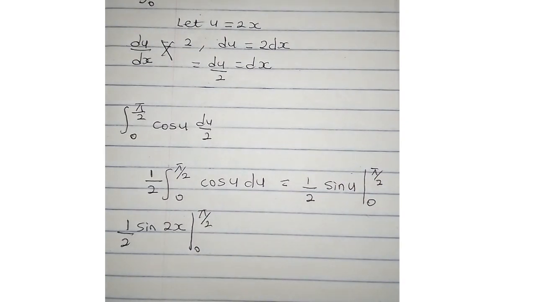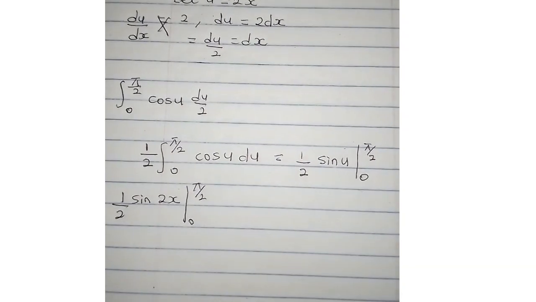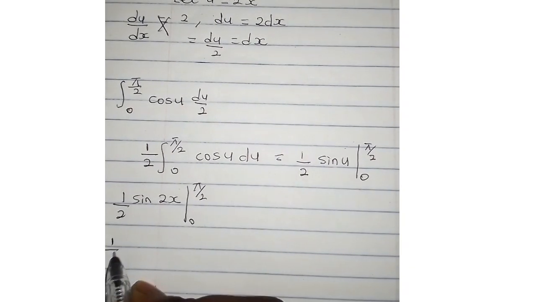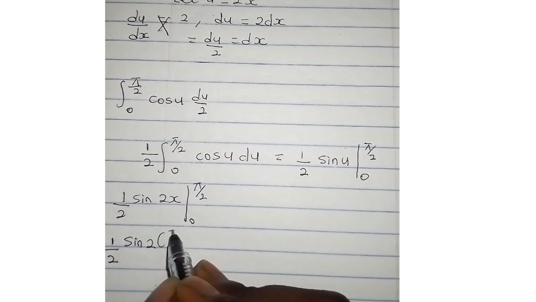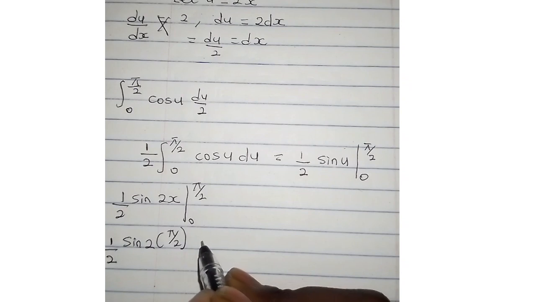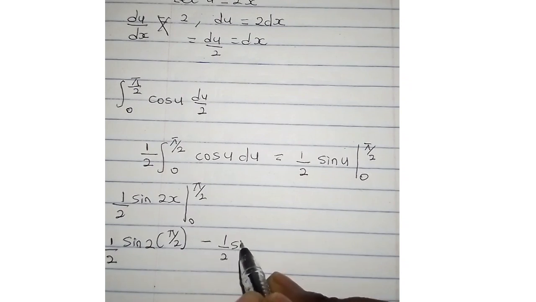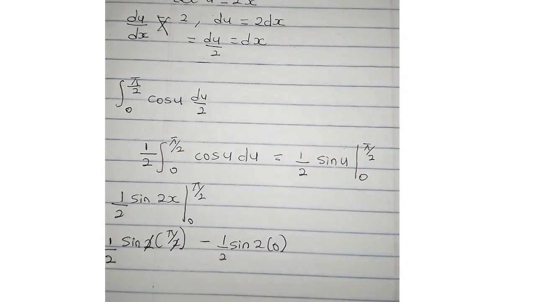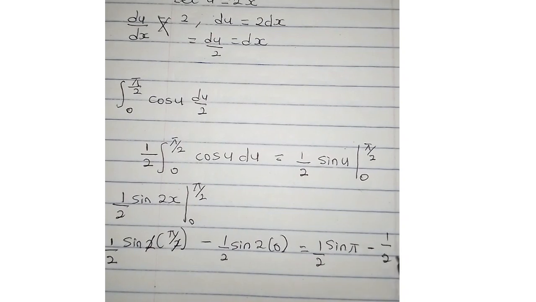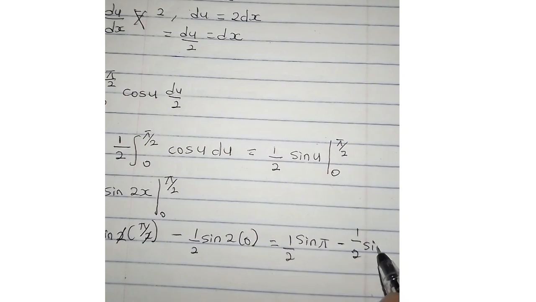Now inputting the lower limit and the upper limit, we have 1 over 2 sine 2 times pi over 2, subtracting 1 over 2 sine 2 times 0. The 2 here cancels out, so we just have 1 over 2 sine pi, subtracting 1 over 2 sine 0.